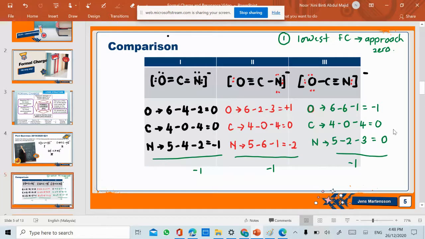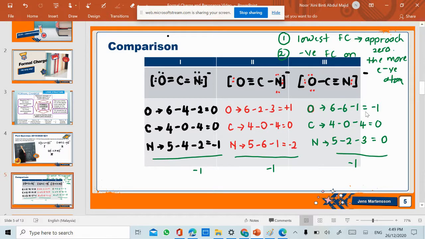Let's go to the second characteristic. Now we have negative formal charge. And the one which is better is the negative formal charge must be on the more electronegative atom. I think we can see here the negative formal charge is on nitrogen.